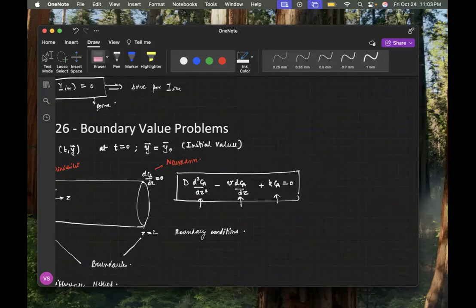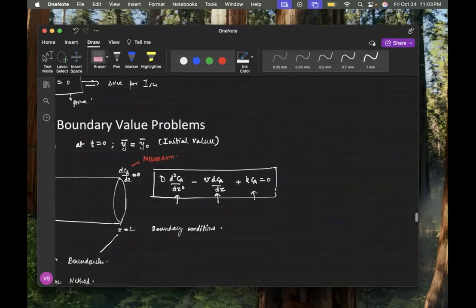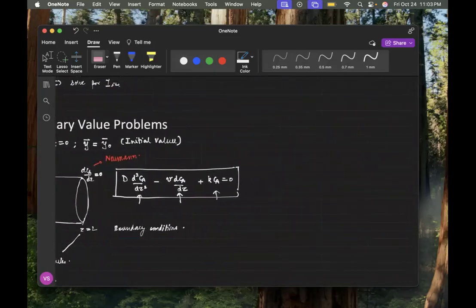So when you talk about non-dimensionalization of a problem, you consider all the variables in the problem. So for example, in our problem, there are two variables. One is concentration and the other is Z. These are the two important variables. Everything else, D, V, K, all of these are parameters, right? So there are two variables, concentration and Z.